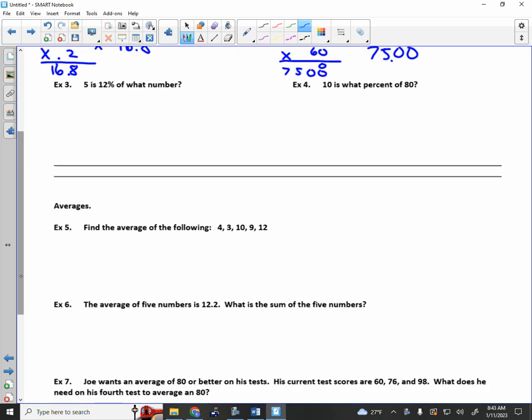Notice that example 3 is different. It's: 5 is 12% of what number? So I'm just going to write it as I see it. 5 is 12%, which is 0.12, of what number? So times x.